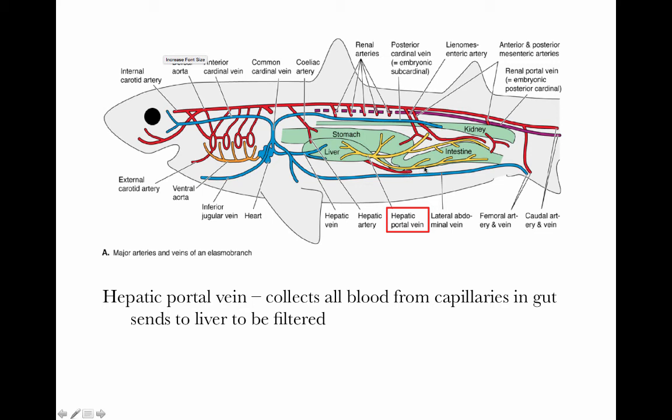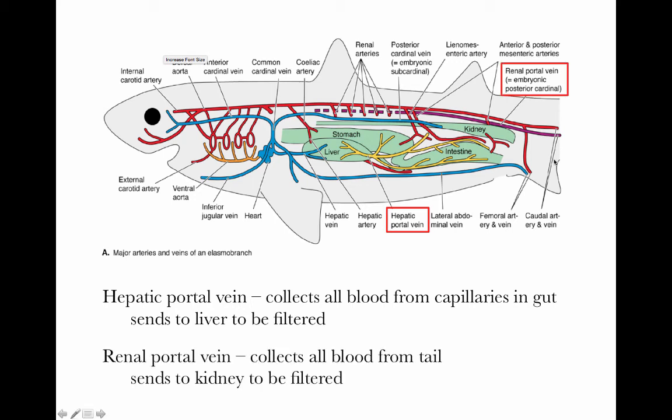All of the veins coming from the different parts of the gut tube, from the intestines, from the stomach, are all going to converge to form this hepatic portal vein that is going to branch out in the liver into these capillary beds where they'll be detoxified, the blood will all be filtered, and then they're going to converge together into this hepatic vein, which is going to come through the cardinal system back to the common cardinal sinus and back into the heart to be pumped.